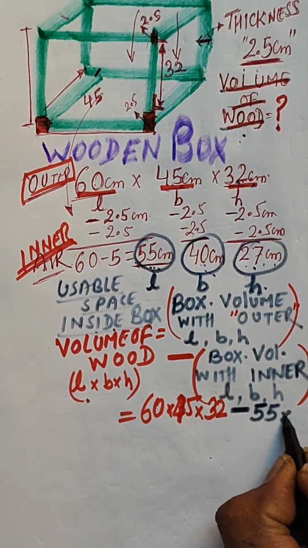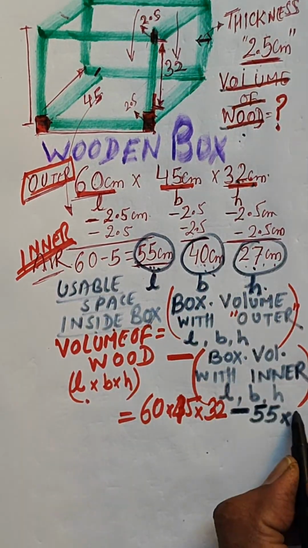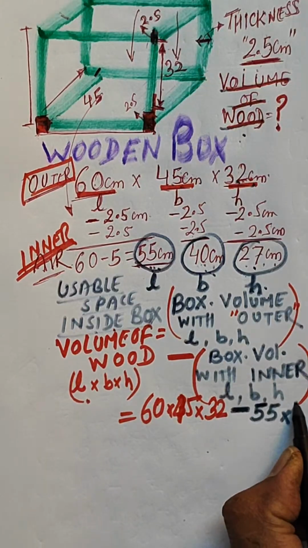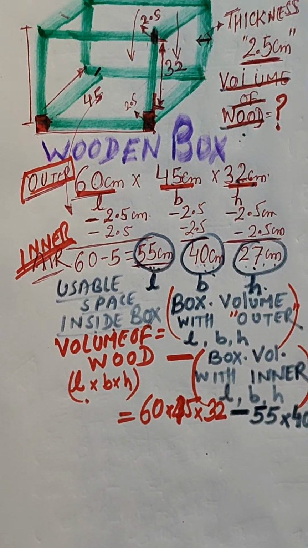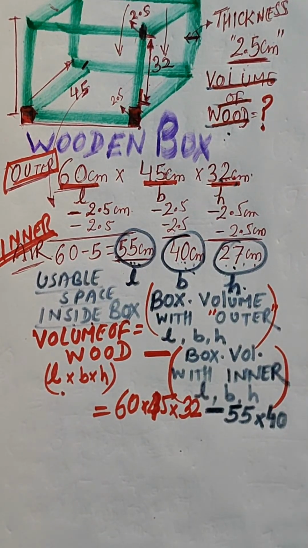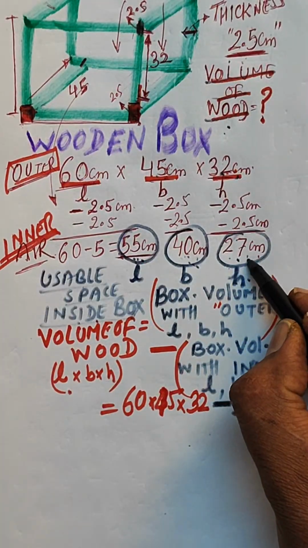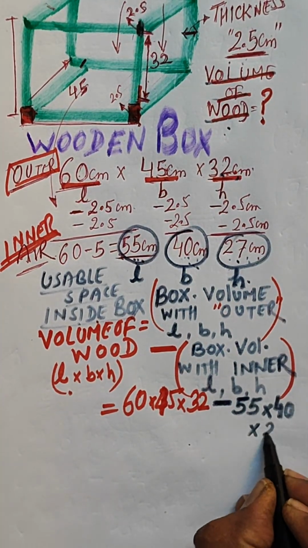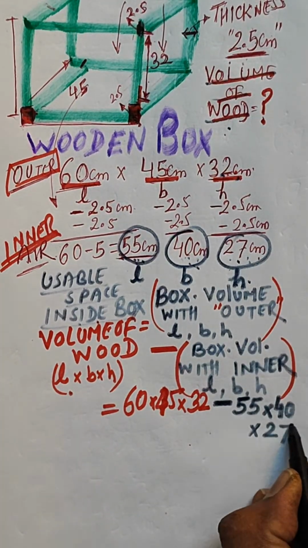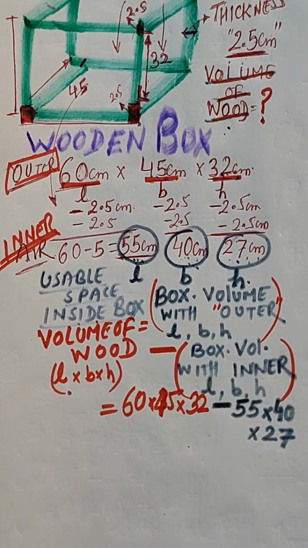Then the inner breadth will be 40. I'm just going to calculate the inner volume, into height 27, right? So into 27. So this will give you the volume of the wood used.